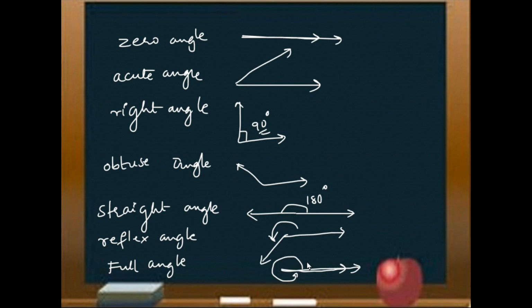Okay, so this is a full angle, and it is also always 360 degrees. So you have definite measures for right angle, straight angle and full angle. They are never going to change. They will always be these. Okay. Now let's see how to use a protractor to measure all these angles.